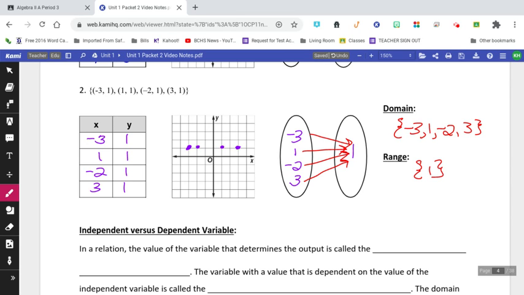Okay, so this one was a little unusual because our range consisted of one number, 1. Every single x value had a y value of 1.